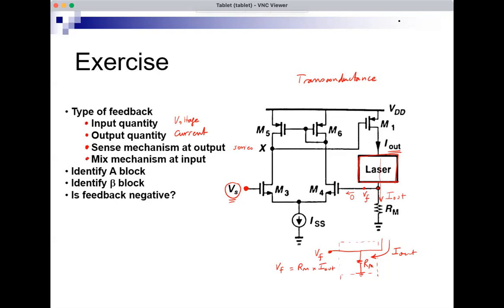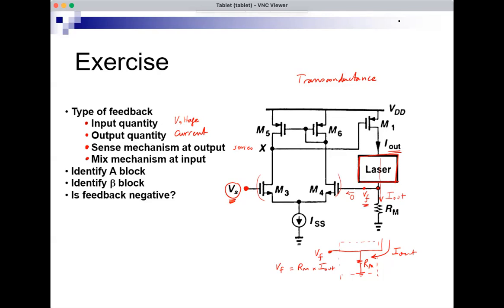The mix mechanism at the input, in this case, is interesting. I want to subtract VF from VS. So how do I do that? I'm using the differential pair M3 and M4 to amplify the difference between VS and VF. We know that the differential amplifier amplifies the difference between the two inputs.